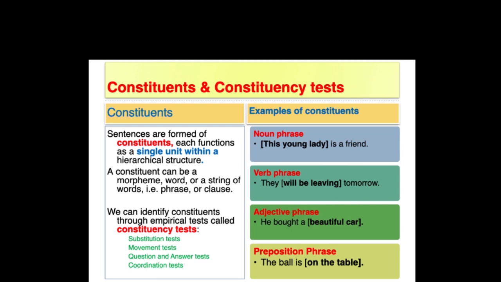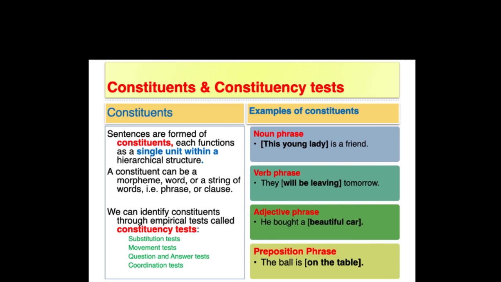Also, if you have a look at "is a friend", "is" is a constituent, and "a friend" is another constituent, which means that constituents can go from the smallest items into strings of words, into phrases and clauses.